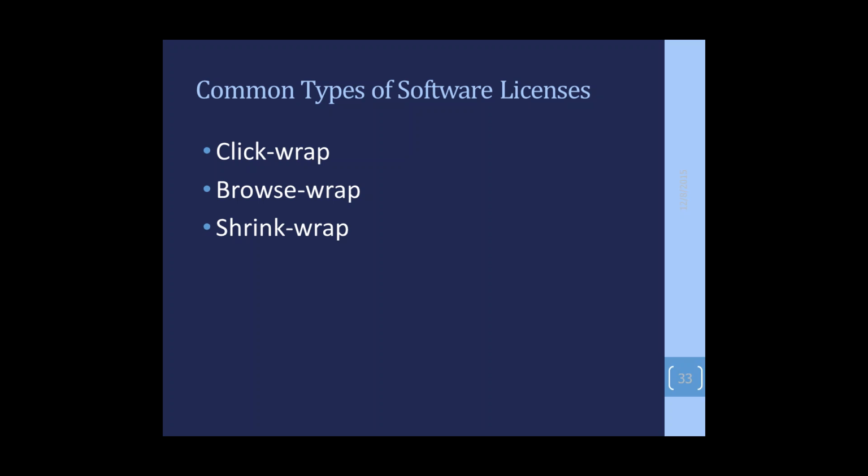Browse wrap is when a statement pops up online, just the statement saying, if you want to read the license, click here. Shrink wrap is sort of the old-fashioned way, shall we say, when we were purchasing software from the store, let's say in CD form, and when you opened up the shrink wrap, that meant you were now adhering to whatever the license was. That's the shrink wrap license.